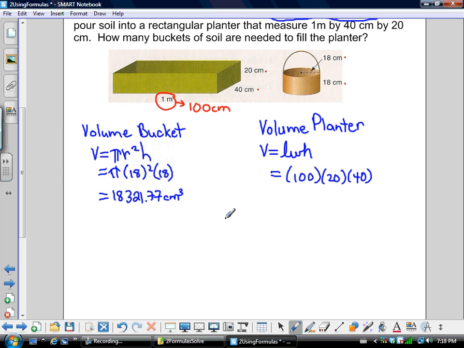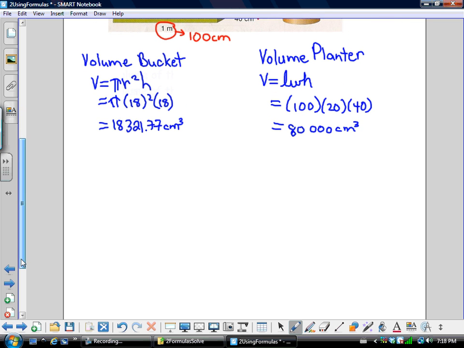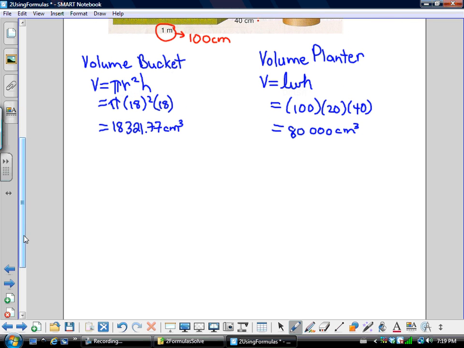And so we have 800 there, so we have 80,000 centimeters cubed that my rectangular planter will hold. So we have the amount that the bucket holds, we have the amount that the planter holds, so now it's just a matter of calculating how many buckets will go in.